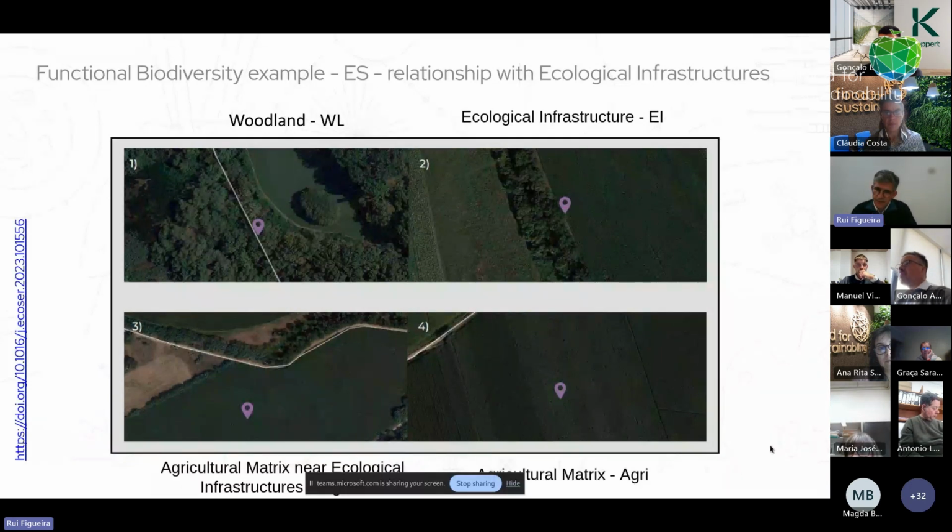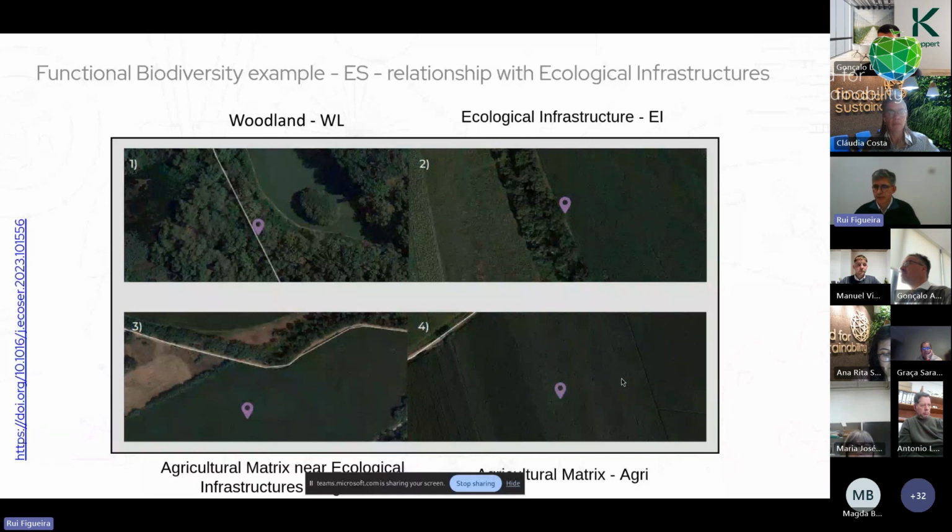And for these different situations, we tried to identify which bird species appear and how they create different bird communities. And from that, we looked at how they feed on arthropods or insects, and what is the level of services provided by that.